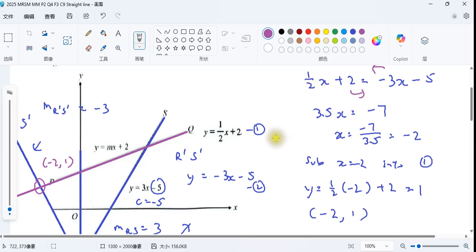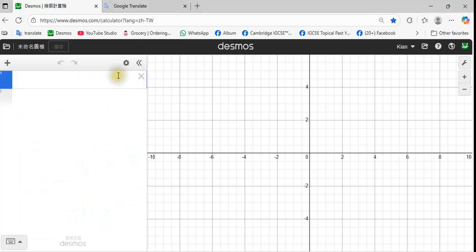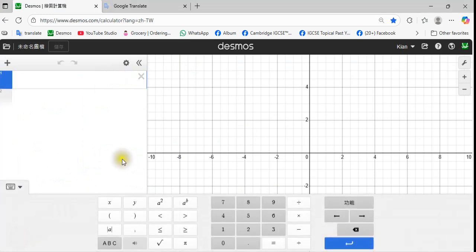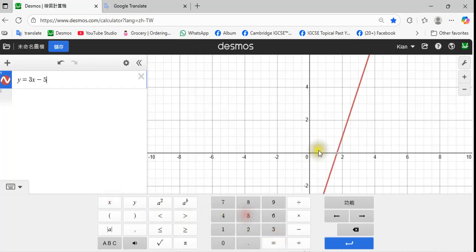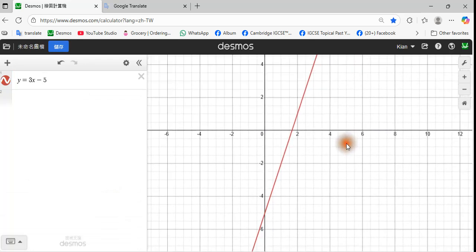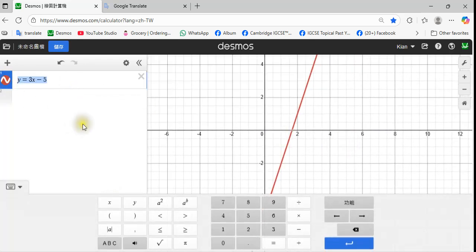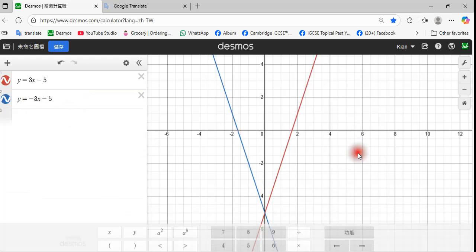We have y equals 3x minus 5. The graph looks like this. And when it is reflected, it will be y equals negative 3x minus 5.